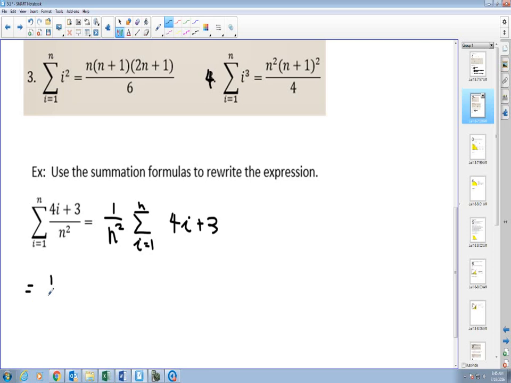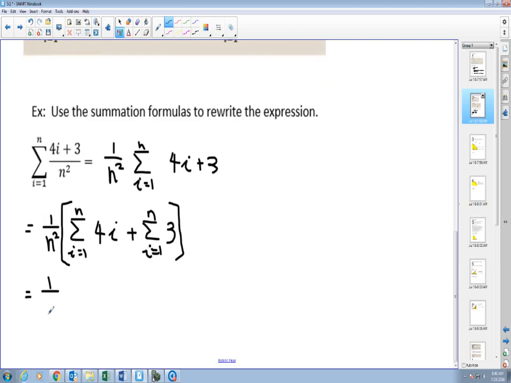So we write this as 1 over n squared, times the sum from 1 through n of 4i, plus the sum from 1 through n of 3. Basically I'm going to add up the two, then multiply by this 1 over n squared, so I'm going to put these in brackets.